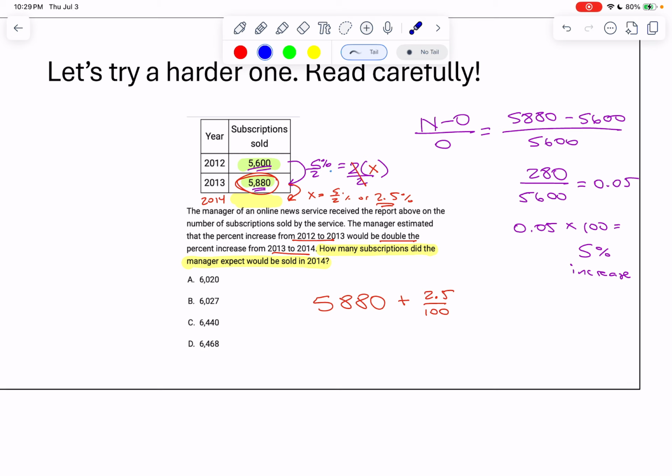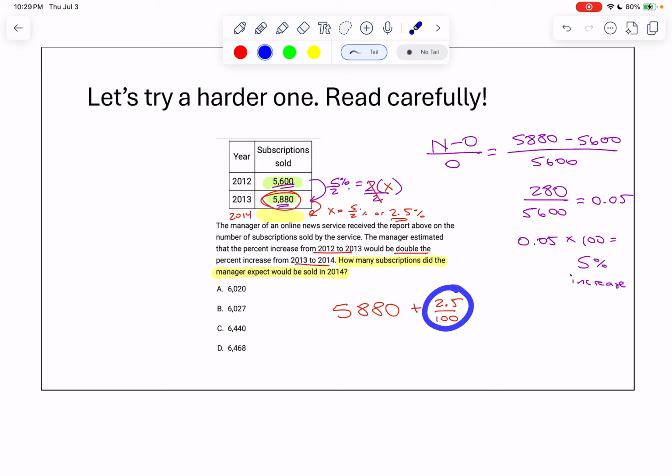For example, I always joke, which would you like more, 50% of the money in my wallet or 50% of the money in the US Treasury? Everybody says the Treasury, and I say, but isn't 50 equal to 50? And absolutely not. 50 is 50, but 50% really depends what it's of. So here, we can't just add on 2.5%. That's not an amount you can add on. It has to be of something.